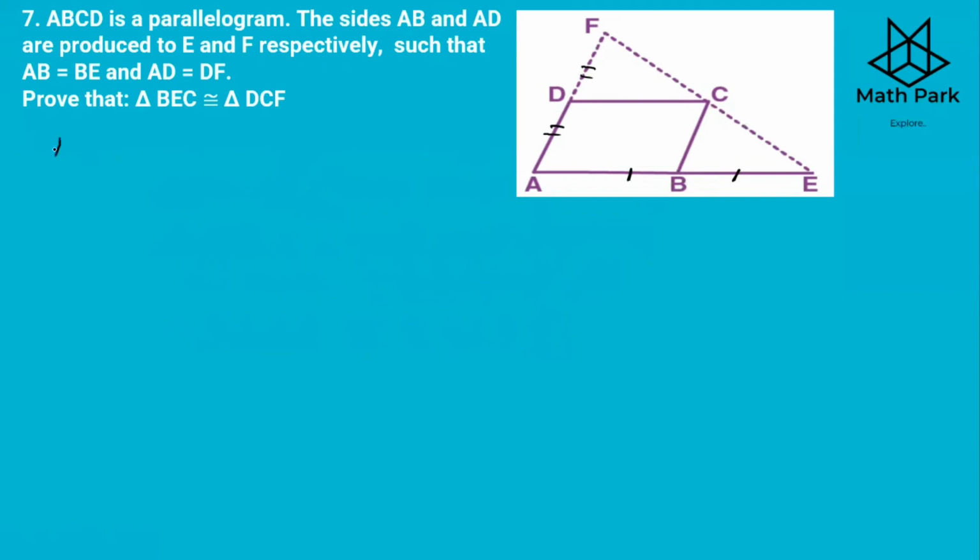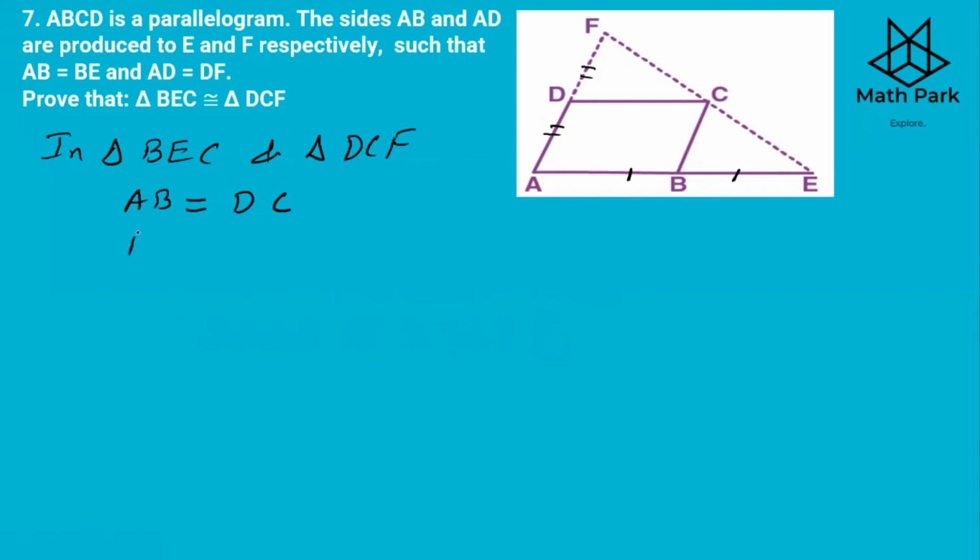So let us start. We have triangle BEC and triangle DCF. Okay, so what all things do we have? We have AB is equal to DC because they are the opposite sides of a parallelogram. Correct?